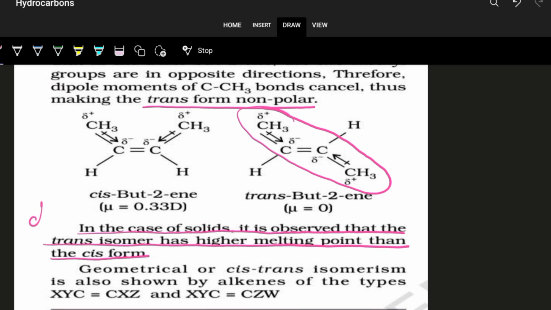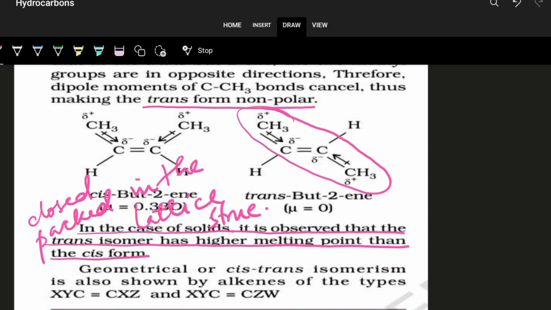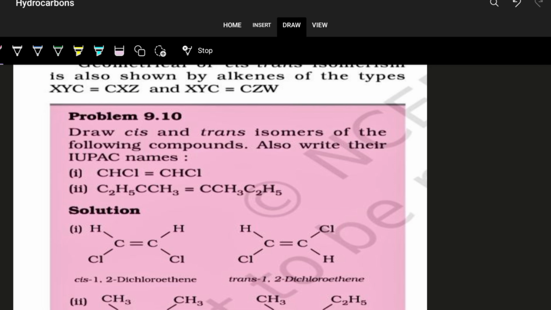Because they are more closely packed in the lattice structure. Why are they more closely packed? Due to greater symmetry, and so better close packing. And so in the solid state, its melting point is high.